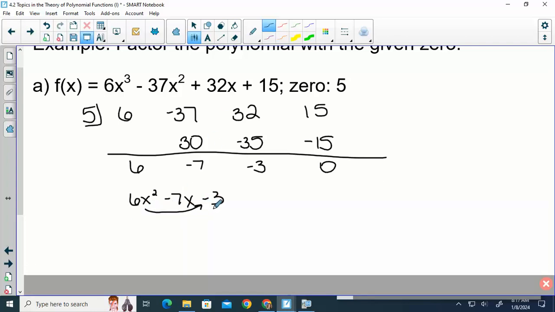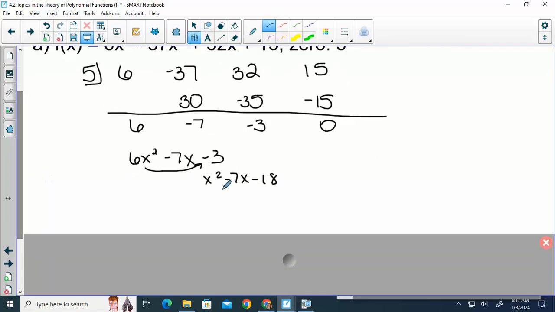So if I did slip and slide, multiply to -18, add to -7. Divide by 6. So 9 over 6 reduces to 3 over 2. 2 over 6 is 1 over 3.